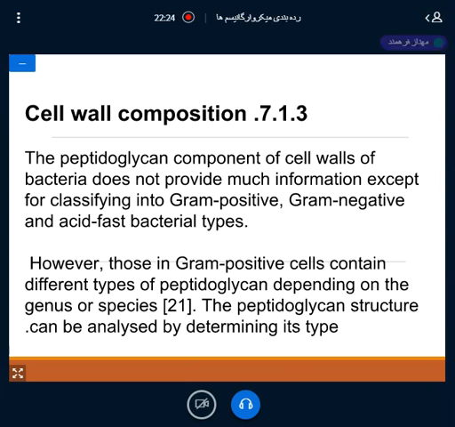This type of categories are in the phenotypic group that I told you in the previous section. The peptidoglycan component of cell walls of bacteria does not provide much information except for classifying into gram-positive, gram-negative, and acid-fast bacterial types.